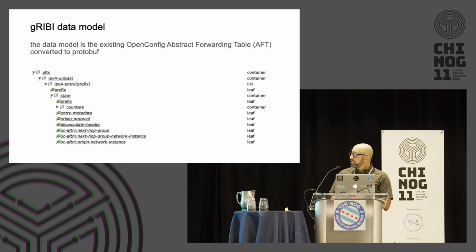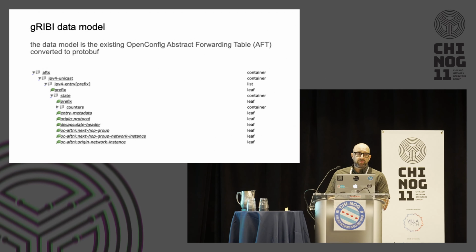So how do we do this? Well, first off, we need a data model. And so what we're using here is the OpenConfig abstract forwarding table. Now, each vendor has their own notion of what the forwarding table looks like. And that forwarding table representation is going to be subject largely to the whims, nature, and implementation details of that particular forwarding platform.